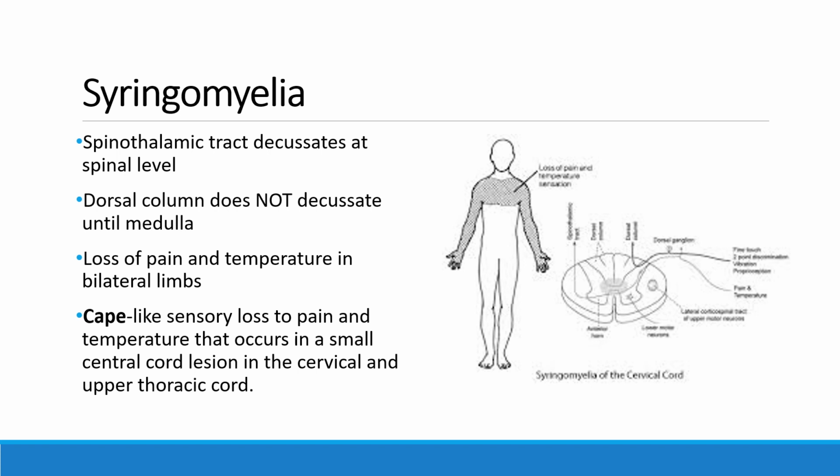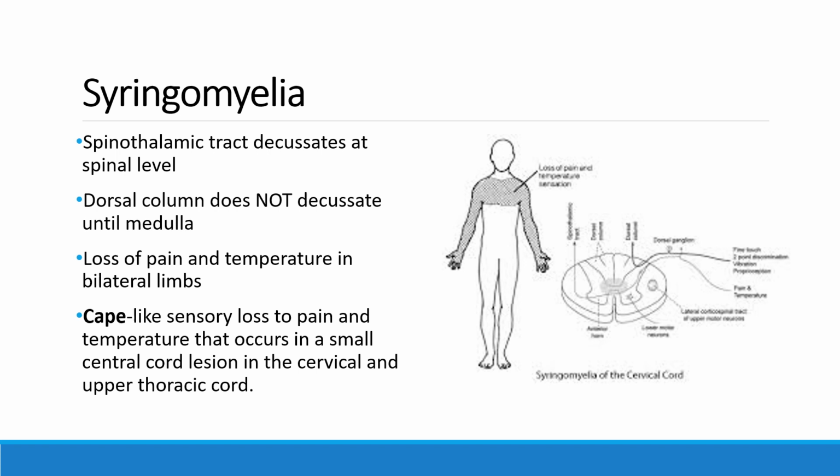Myelo here is going to be spinal cord. Sometimes myelo is bone marrow, that soft substance deep within the bone. Spinothalamic tract crosses over at the spinal level. Dorsal columns do not cross over until the medulla.